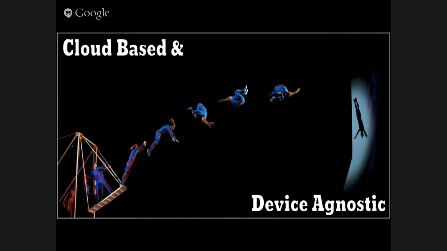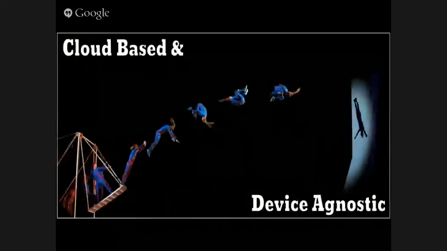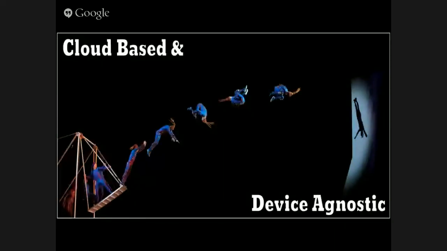Okay, the SAMR model is substitution, augmentation, modification, and redefinition. Google Apps for Education is what gets you above that line, and if you can't get above that line, you're not going to be able to go to that redefinition and modification.